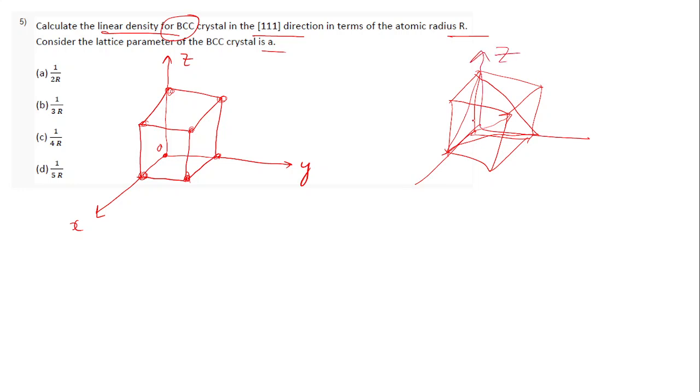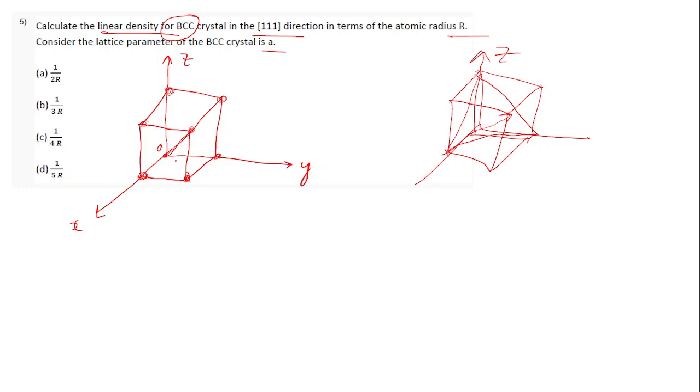I'm very sorry, but what I want to say is the 1, 1, 1 direction will be the one joining the corner at the back and the corner in the front. This will be the 1, 1, 1 direction vector.